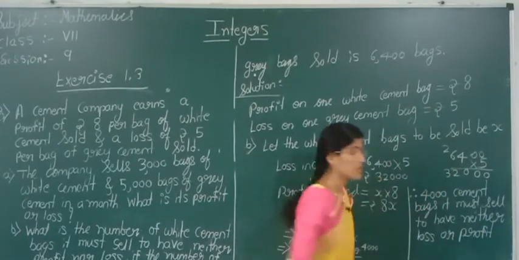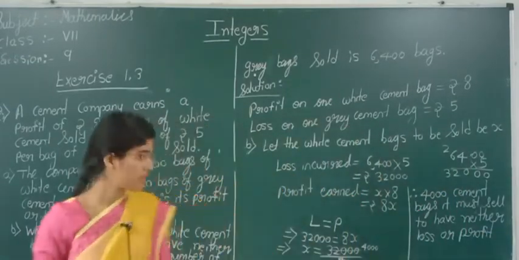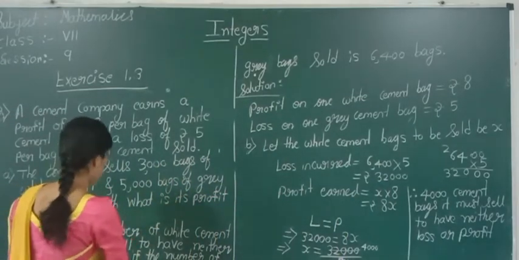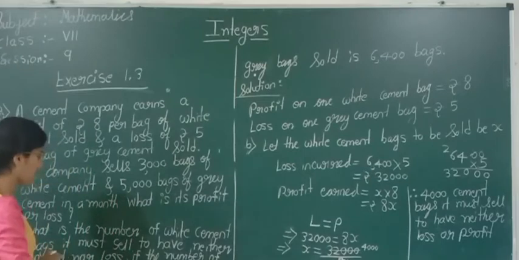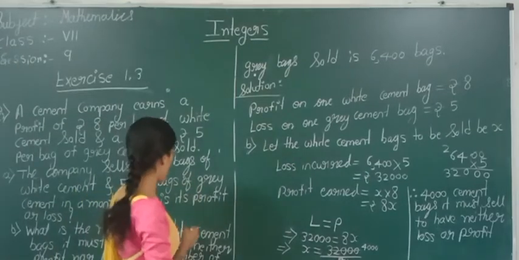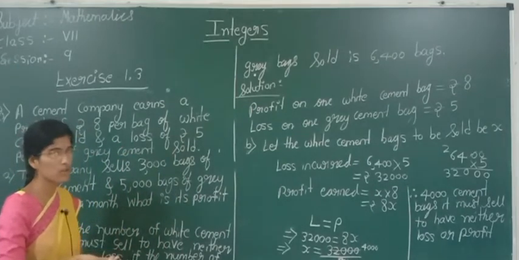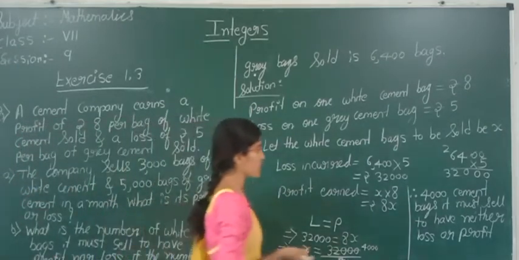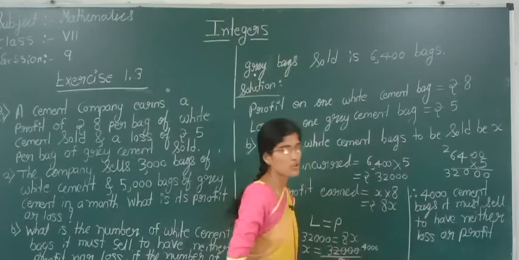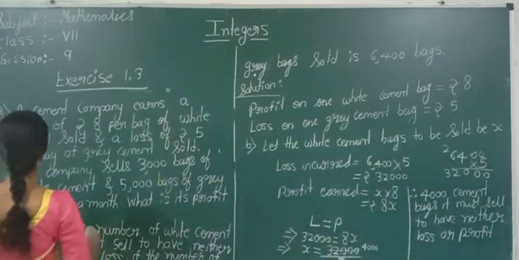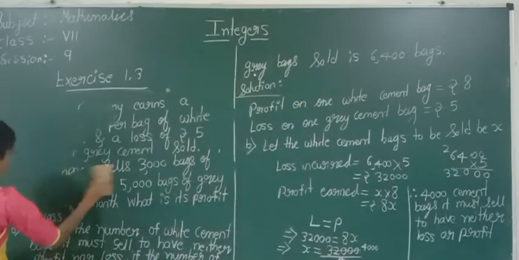Say, student, if a cement company sells 4,000 white cement bags and 6,400 grey cement bags, we can find out that there will be neither a loss nor a profit. Now we will see the 9th main.